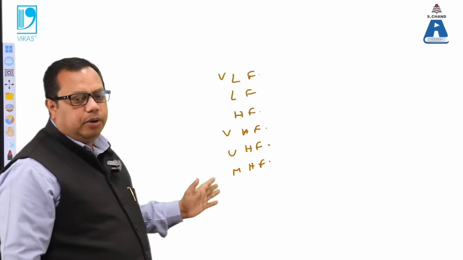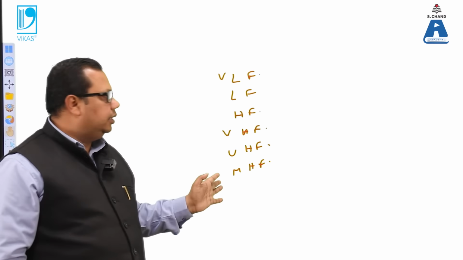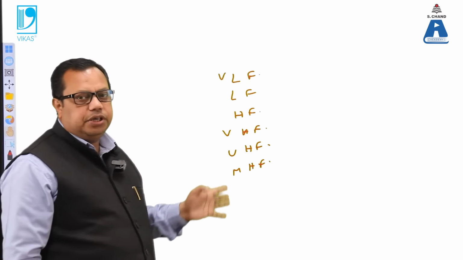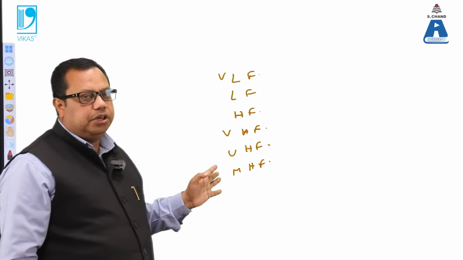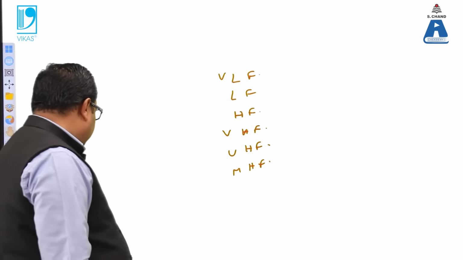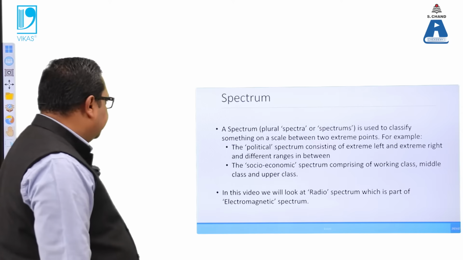So, depending upon the frequency that we are using, and the particular propagation that we are using, the communication will travel from one particular signal to another. So, we can see here that spectrum is the particular range.